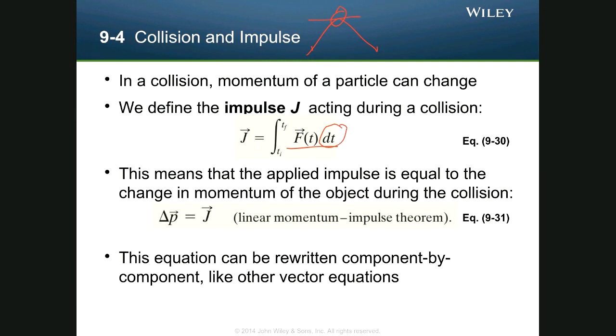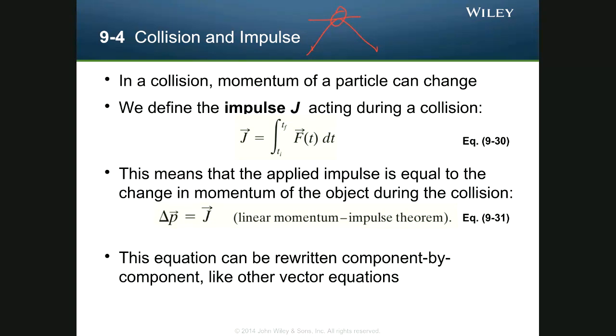So when we look at this integral, the impulse is the force over some small amount of time, and we can integrate that. That means we're really going to look at the area under the curve. So this means that the applied impulse is equal to a change of momentum in the object during the collision, right? So let's take a look at where we get this.